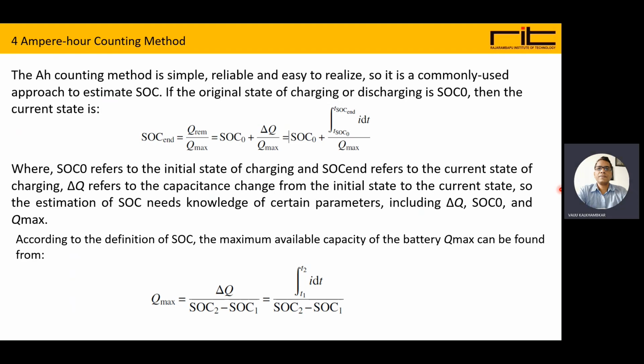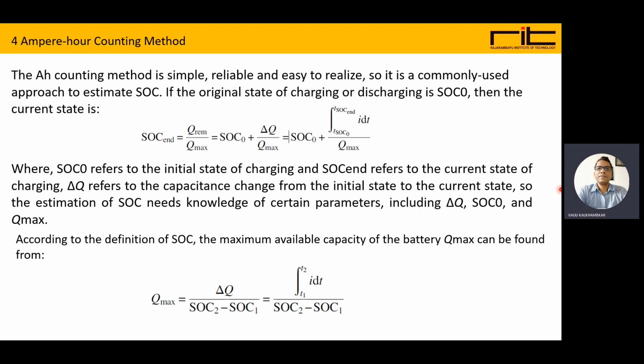If the original state of charge or discharge is SOC 0, then the current state is calculated as SOC at the end or at the particular event is equal to SOC 0, that is the initial state of charge, plus delta Q, that is the capacity change from the initial state to the current state, that is the charge, divided by the Q max, that is the maximum charge.